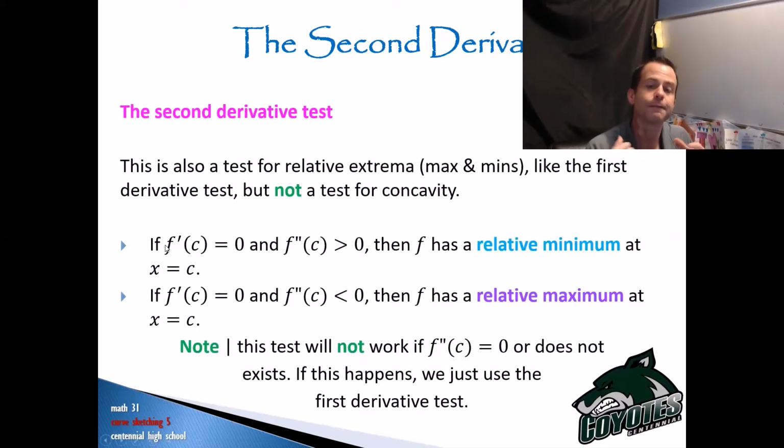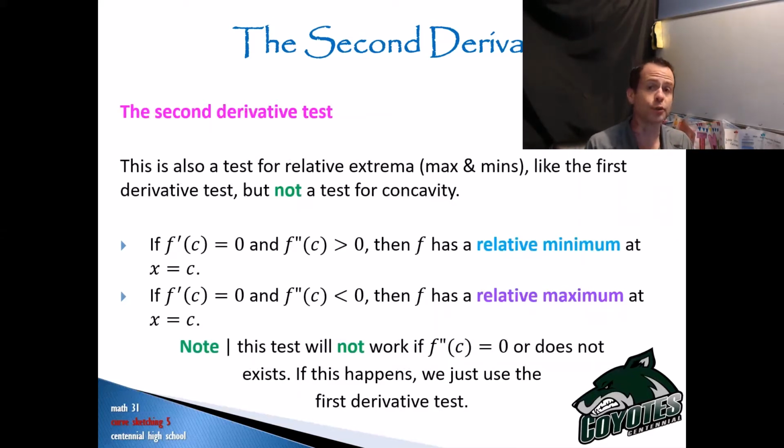If the first derivative equals 0, well, that's a critical number, so the first derivative test would say to test left or right. Here we're saying that if the first derivative is 0 and the second derivative is positive, then we have a relative minimum there.